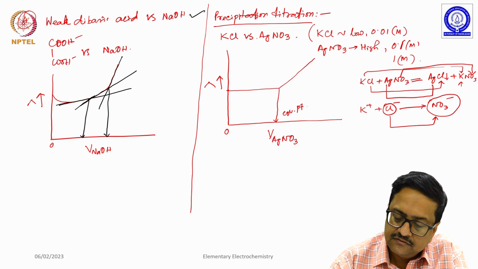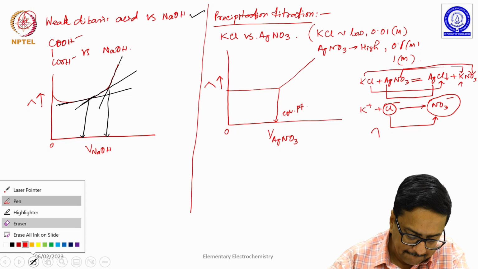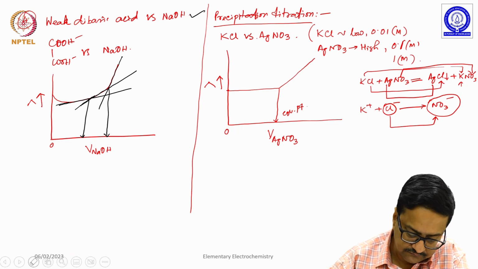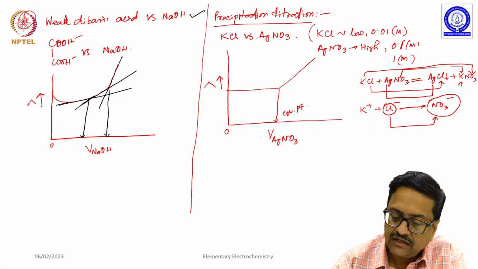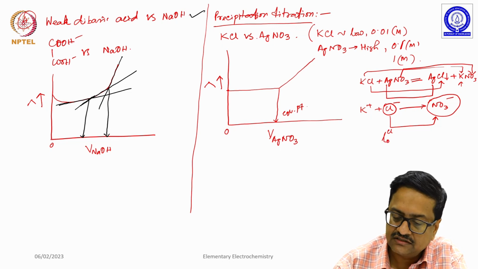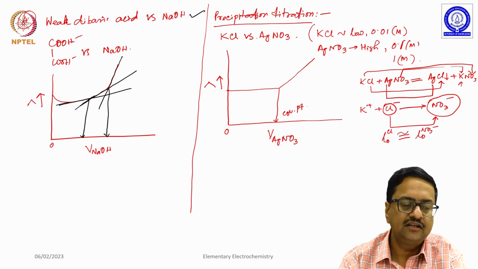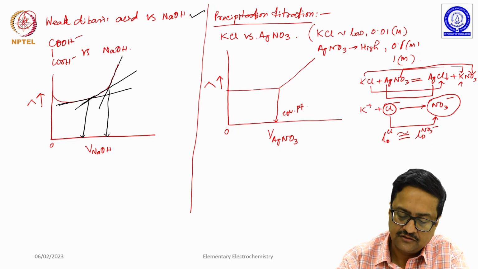So the value of L0 of Cl minus is about the same as L0 of NO3 minus, and hence you will get this kind of plot.